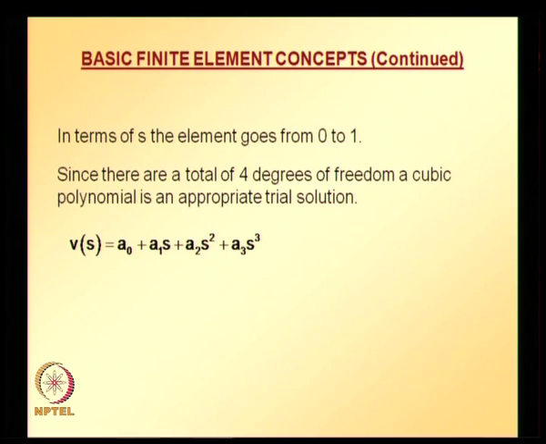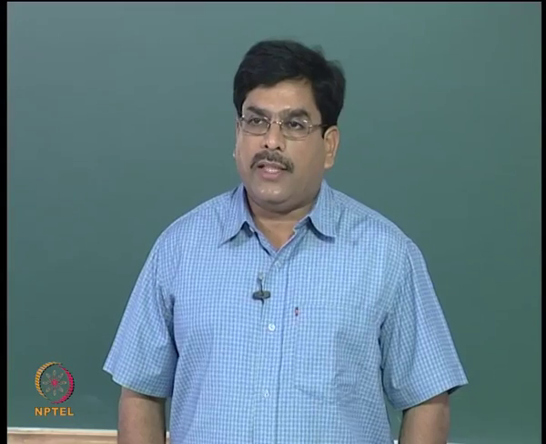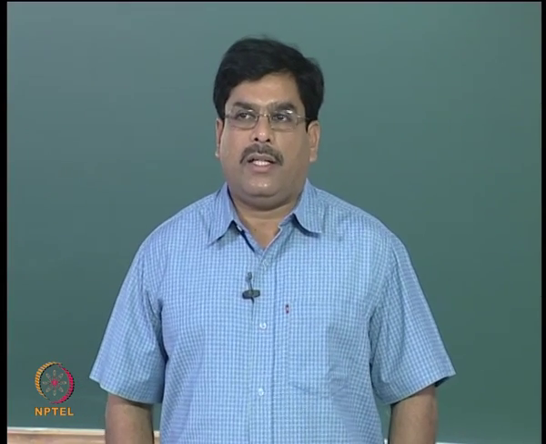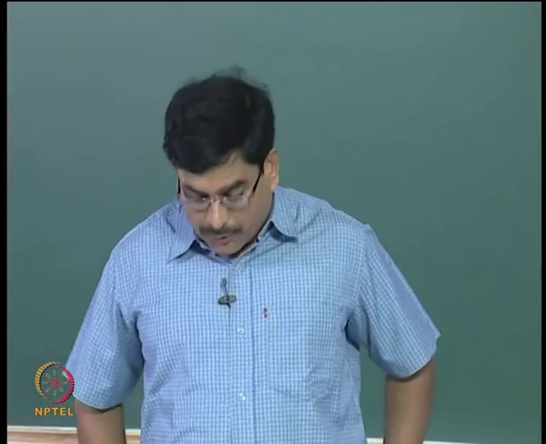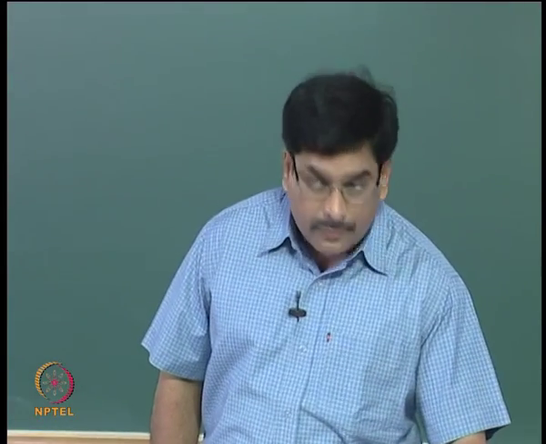And while deriving these beam element shape functions, we are using both transverse displacement and rotation, and these kinds of shape functions are called Hermite shape functions. So now let us start.